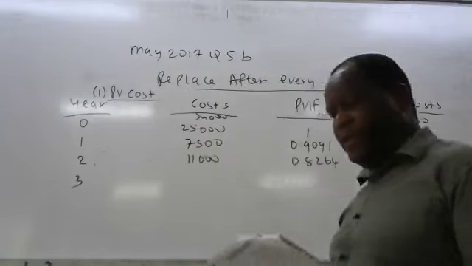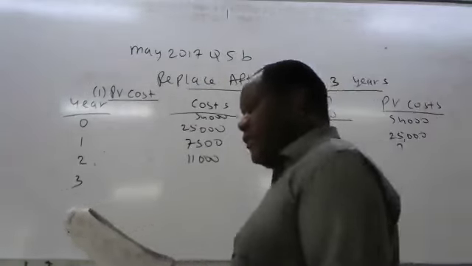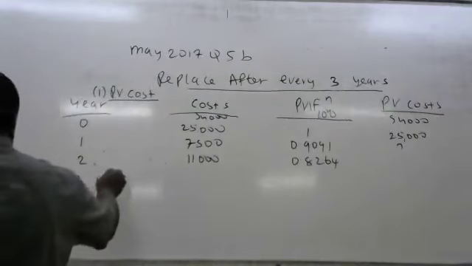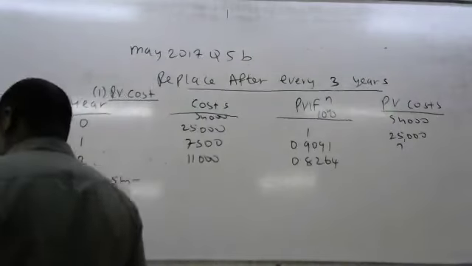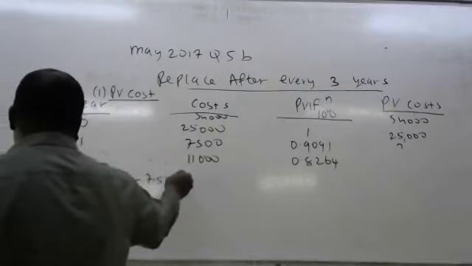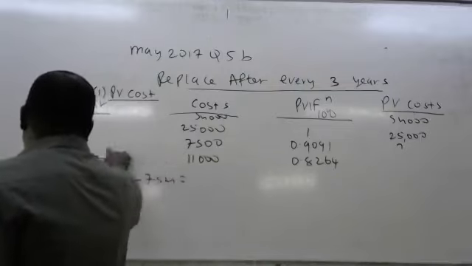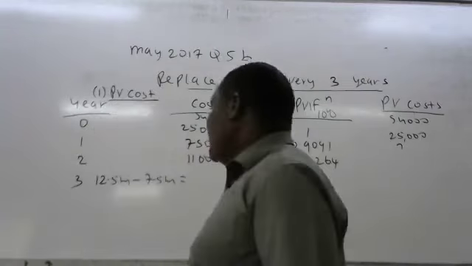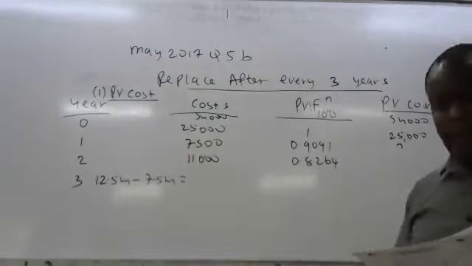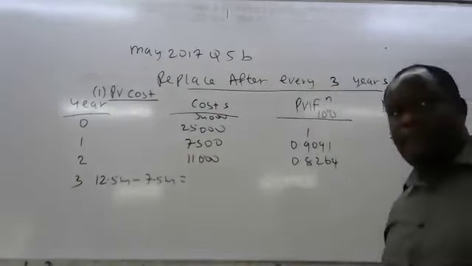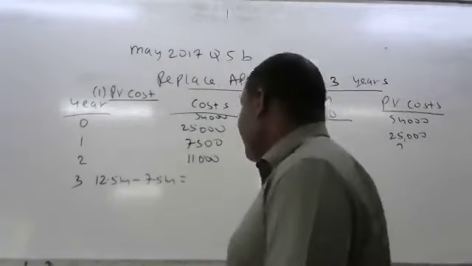For year 3, it is 12.5 millions. We minus 7.5 millions. So 12.5 minus 7.5, you get 5 millions.